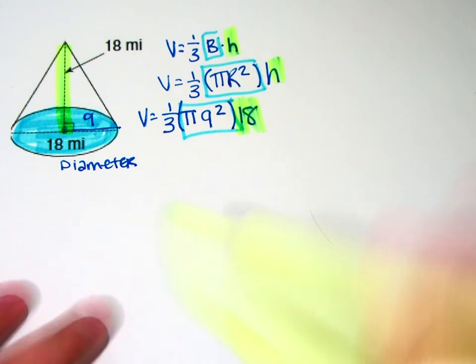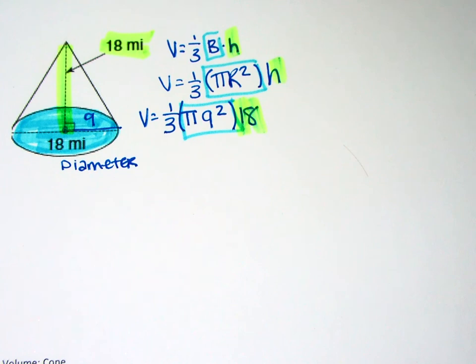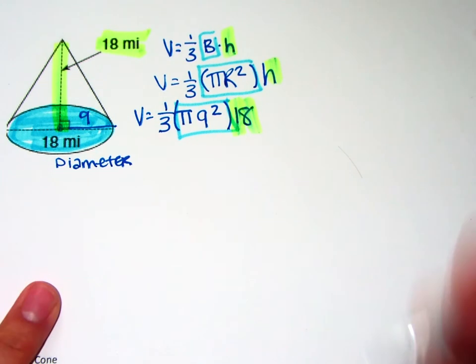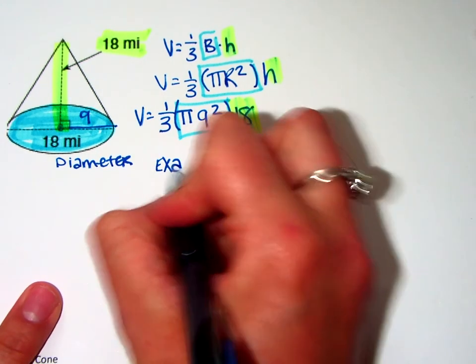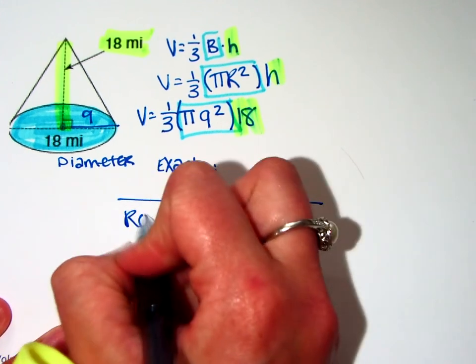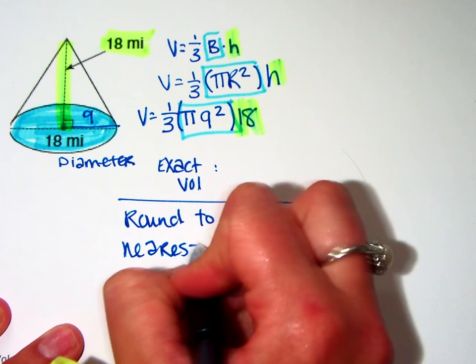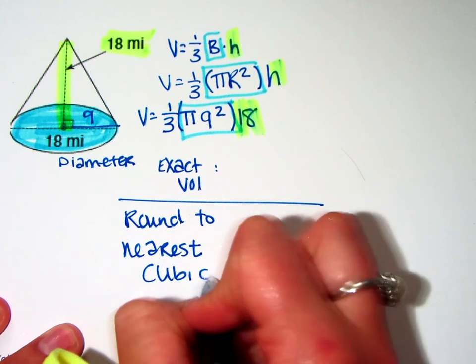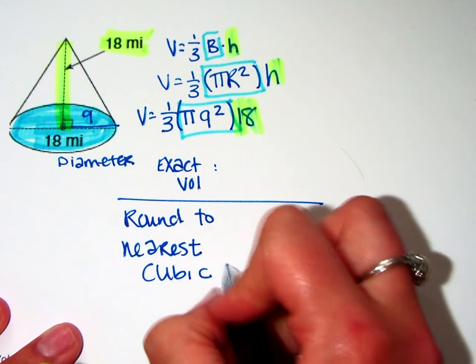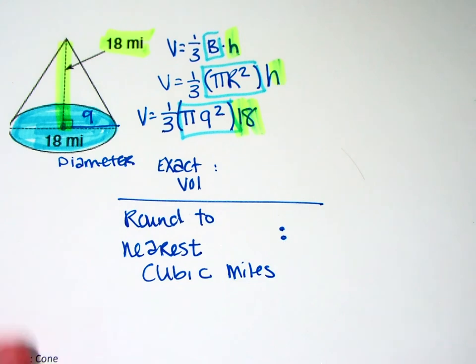Now we're going to do exact first. We want an exact volume, and then we're also going to round to the nearest cubic miles. MI stands for miles. So let's do our exact volume.